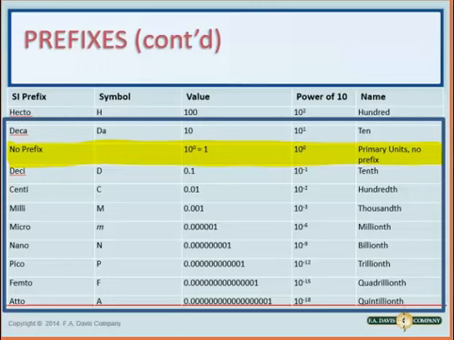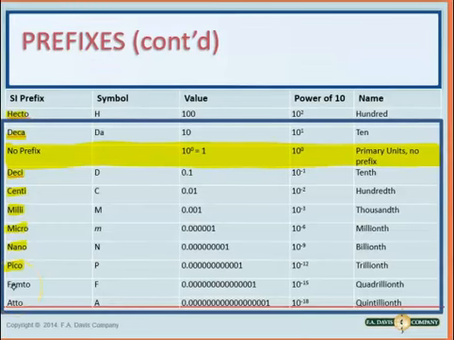There's only two on here that are above our base units, and that's deca and hecto. When we're working with our metric conversions, we're going to be working with numbers down to about pico. Okay, so know everything from pico up through your base units to about, let's see, kilo on the previous slide.